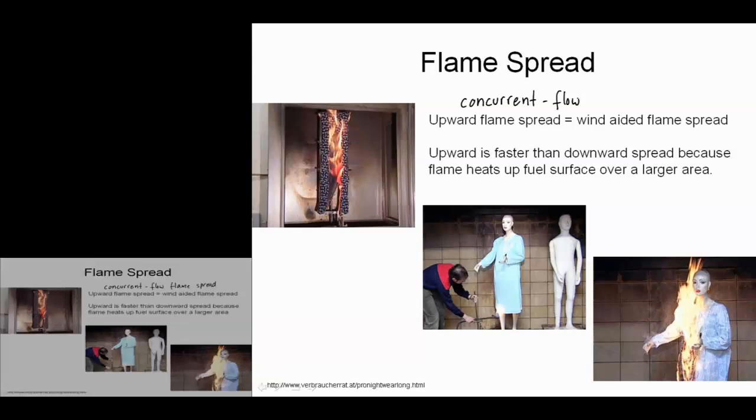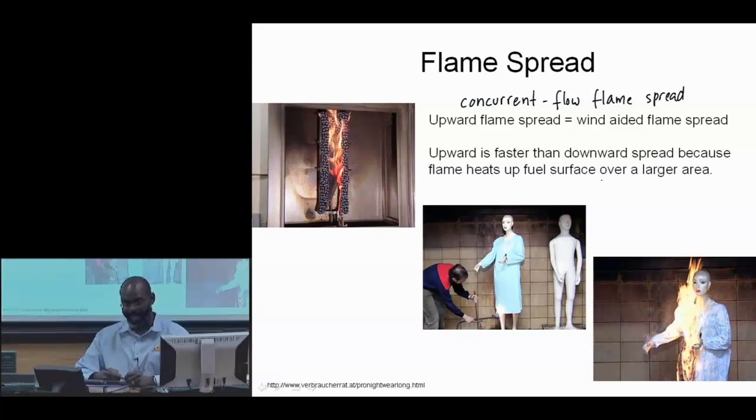So a sofa that has a cigarette or a match that ignites a small part of that sofa, eventually it consumes the whole sofa or fuel package and then becomes a compartment fire, sometimes called a room and contents fire. But this thing starts off initially as a relatively small flame that continues to grow.